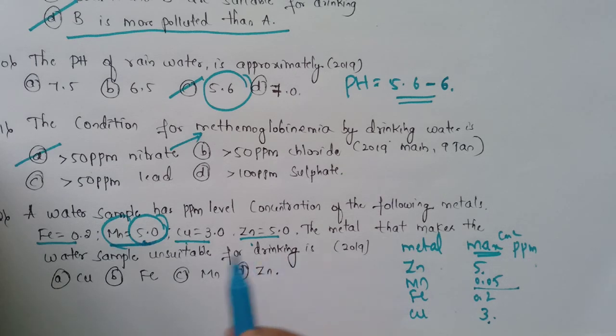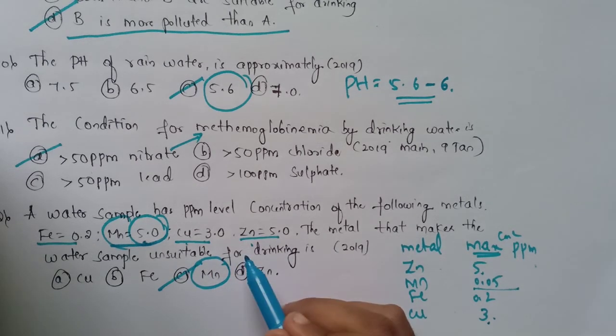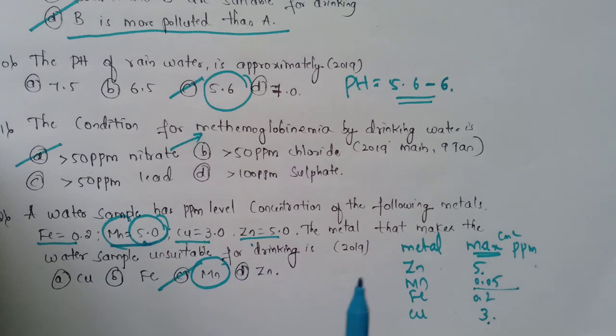So the correct option is option C. Why? Because it has a very high concentration when compared to the recommended concentration set by the European Environment Commission.